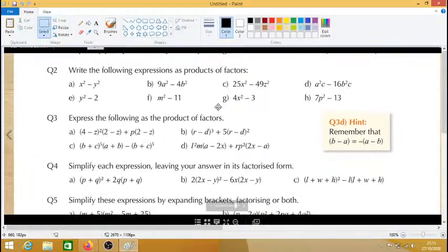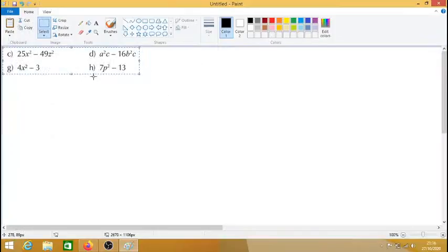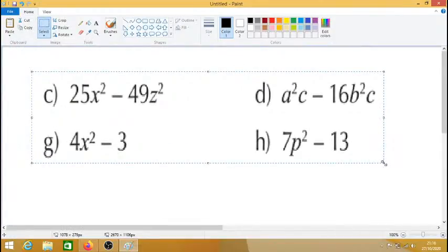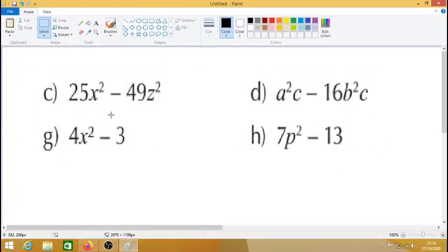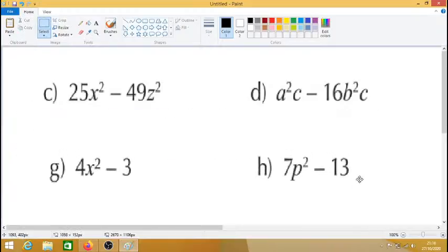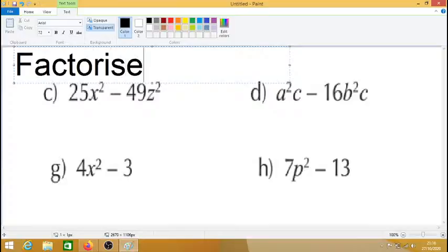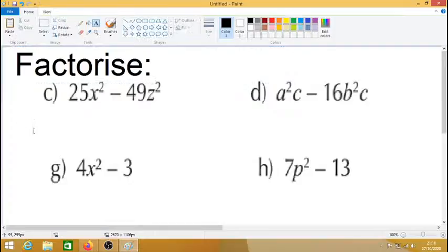Okay, looks like you're pretty good to have a go at some of the practice questions, so I'm just going to put a couple on the screen, and you can just pick one easy one and one hard one to have a go at. You're factorizing using the difference of two squares. Pick any two you like, and when you're ready, please type in your answers into the chat window. When I say pick any two, pick one easy one and one hard one. So do challenge yourself on at least the second one.